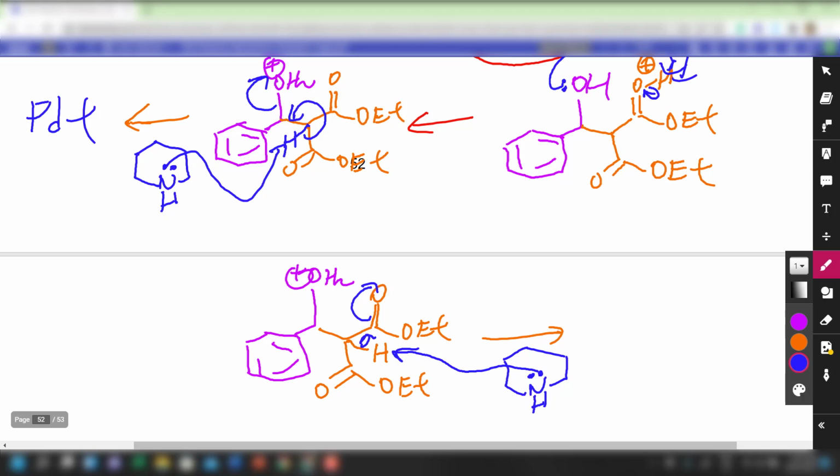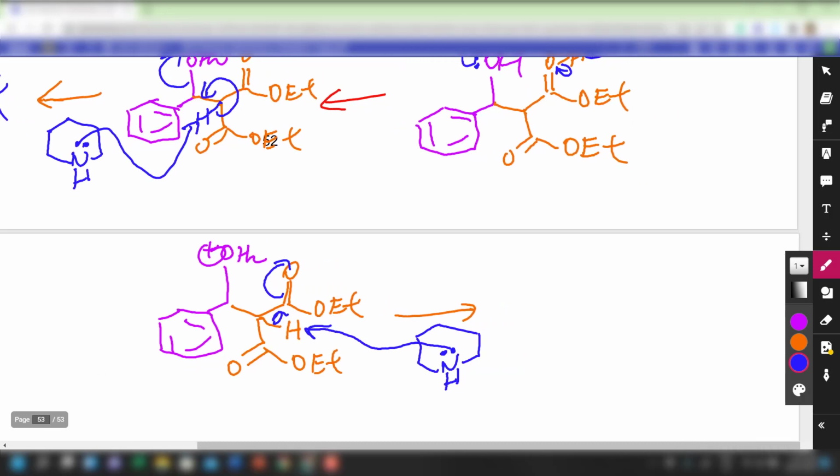Yes, but actually the minus charge is resonance stabilized if you look at it closely. So in this case it's actually okay. But we cannot say for sure the mechanism, because in most cases these things are unknown until we perform an experiment. So if you propose an E1cB kind of mechanism, it's actually okay.